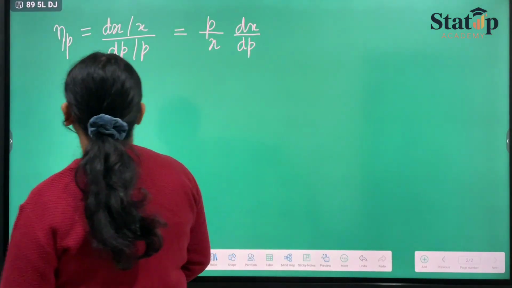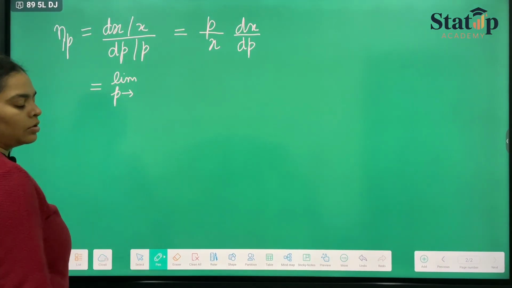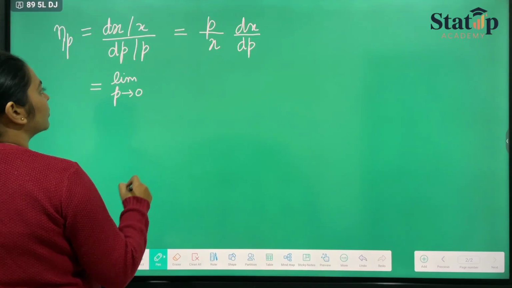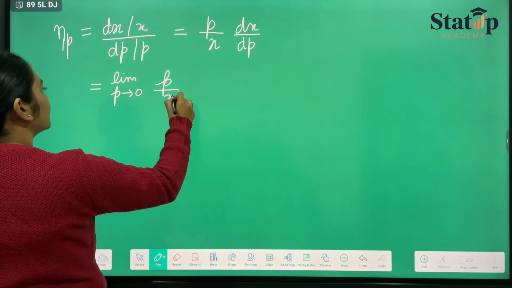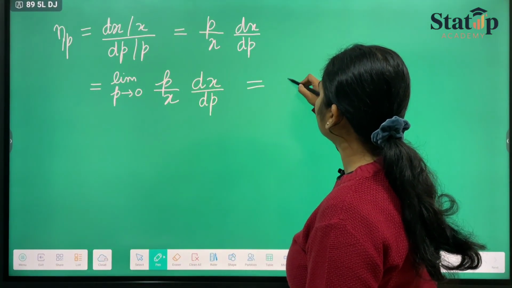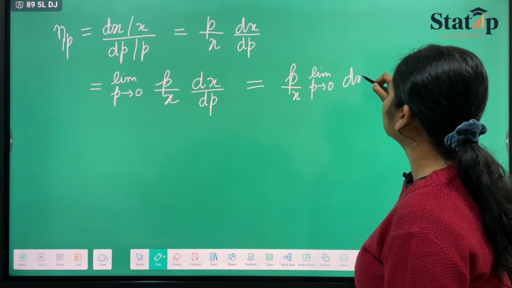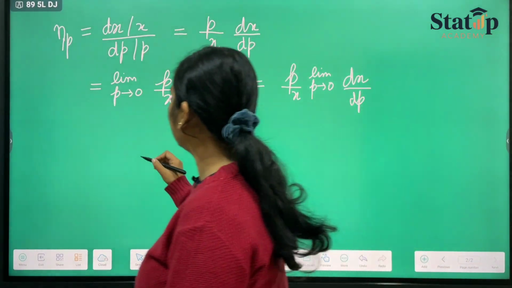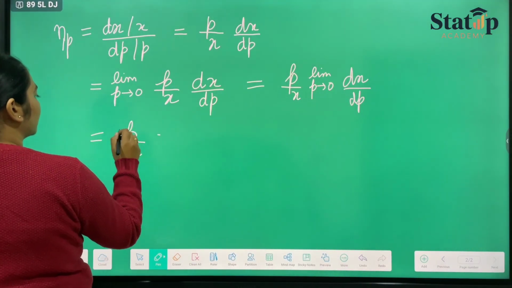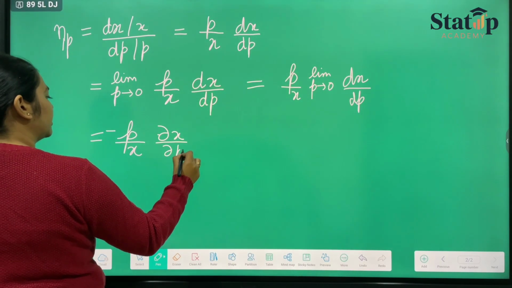If I take the limit of p going to 0, this can be written as p upon x, and here we can write it with a minus sign, dx upon dp written as del x upon del p.